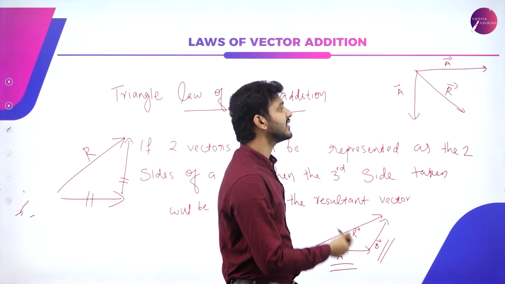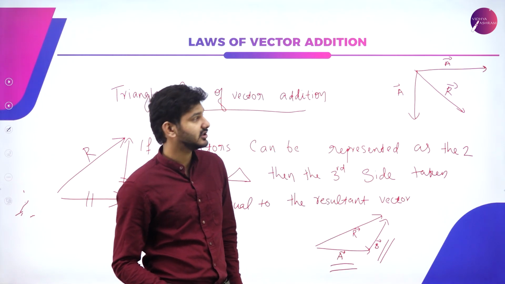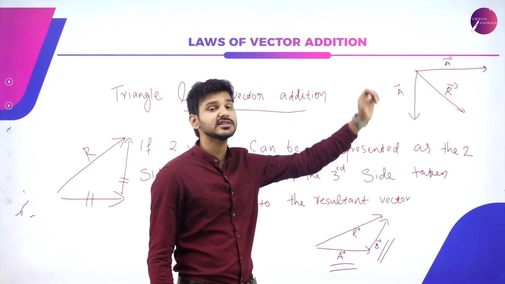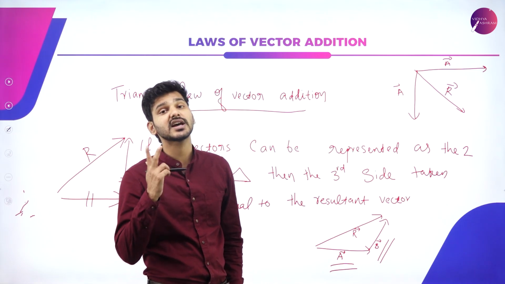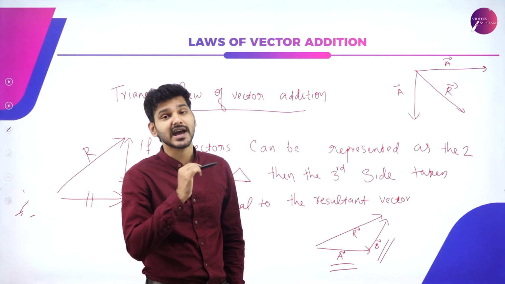But similarly, we also have one more law, that is the parallelogram law of vector addition. Again, if two vectors can be represented as the two sides of a parallelogram, then the resultant will be the diagonal.